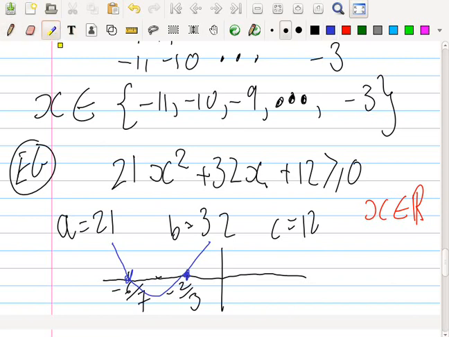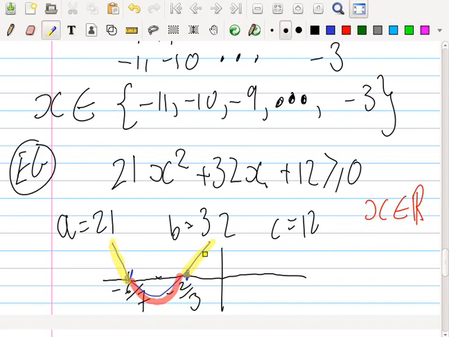Now, this is how you get your answer. What you do is, you look at this piece here. You want your quadratic to be positive or equal 0. Here the quadratic is positive. Here the quadratic is negative. And back here the quadratic is positive again.